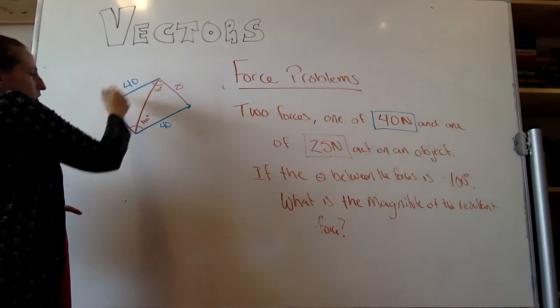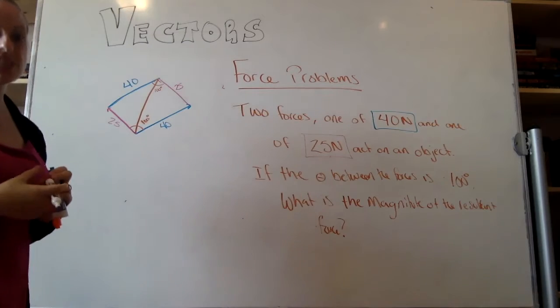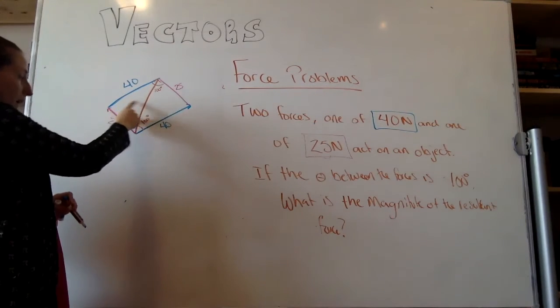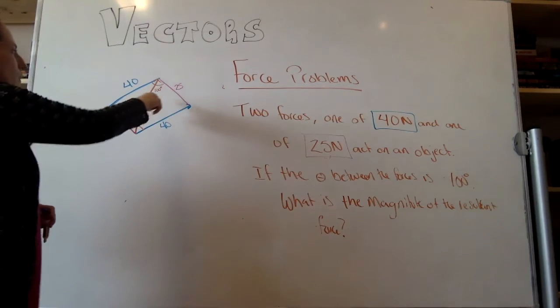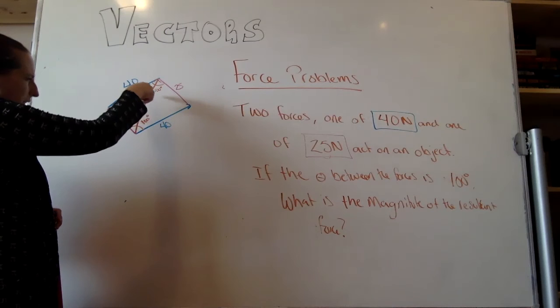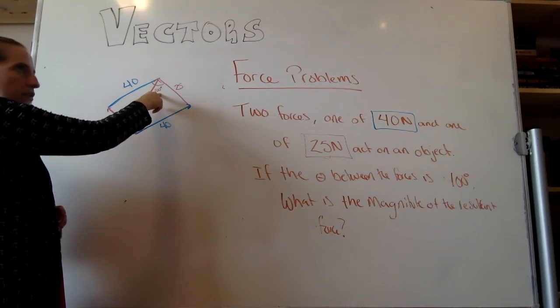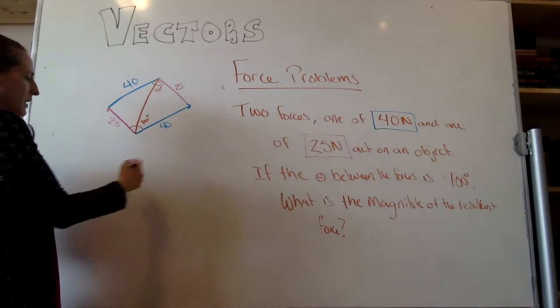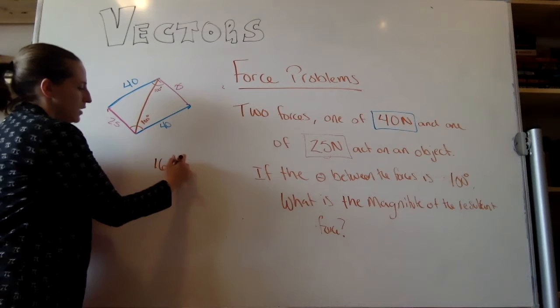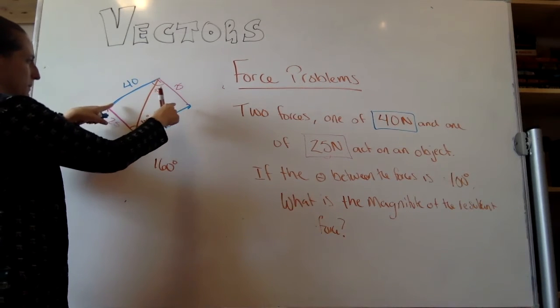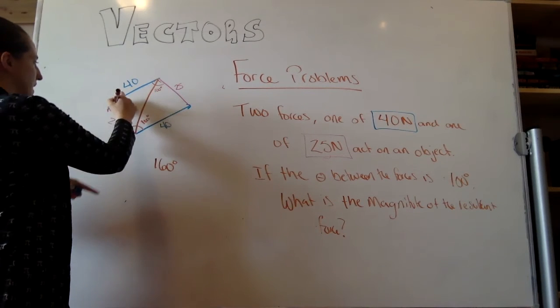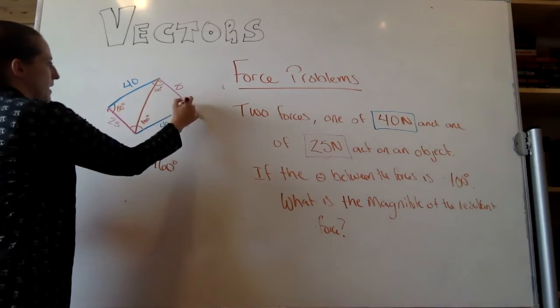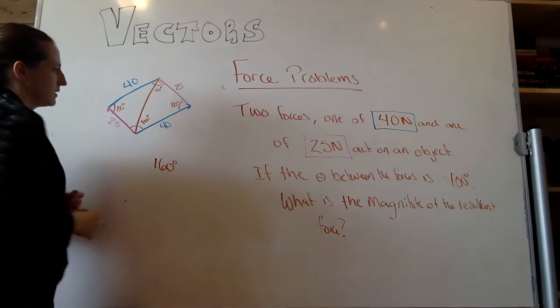So what do we know about the total angles of a parallelogram? They sum to 360. They're two triangles, 180 and 180 is 360. We've used up 200 of that, so 360 minus 100 is 260, minus another 100 is 160. So we have 160 degrees that is going to be split up between these two angles. That means each of these angles must be 80 degrees.